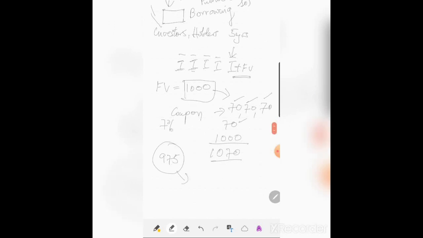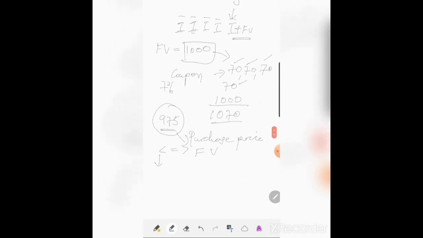This is called the purchase price. Now what we're saying is this amount can be less than, equal to, or greater than the face value. If it is less than the face value, we call it a discount bond.